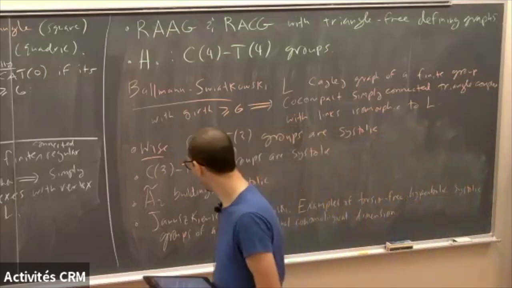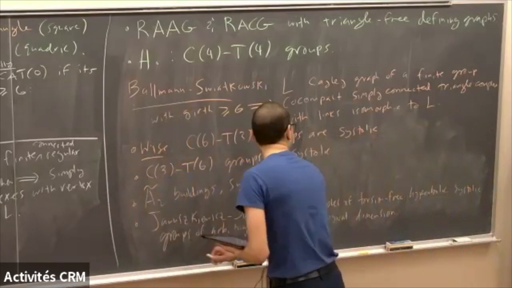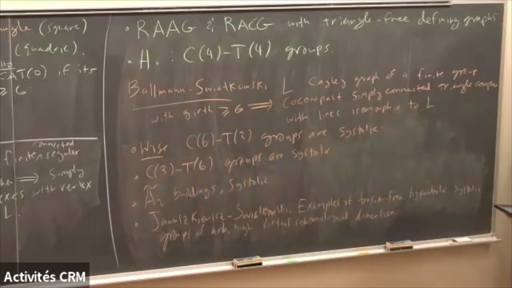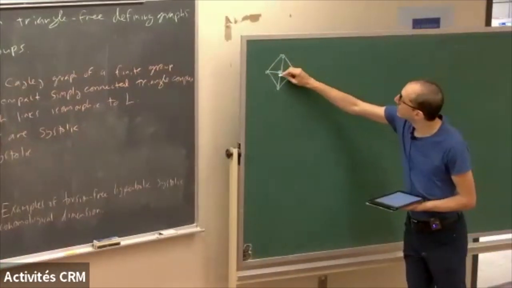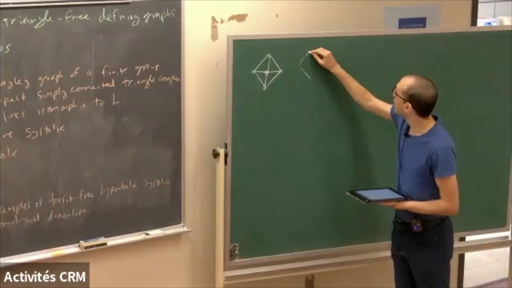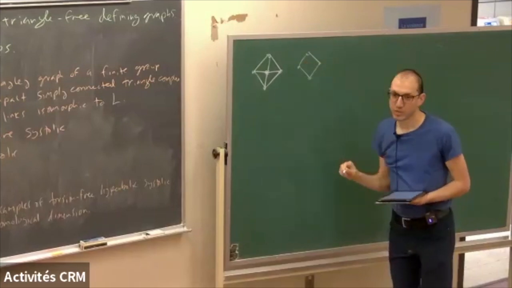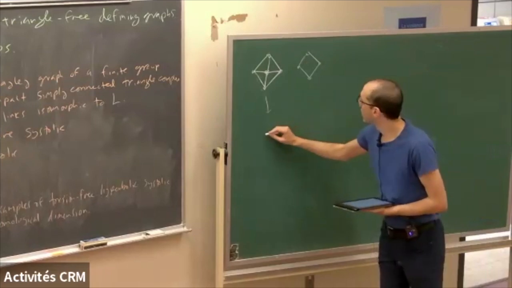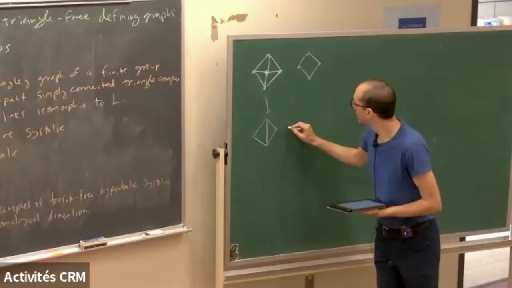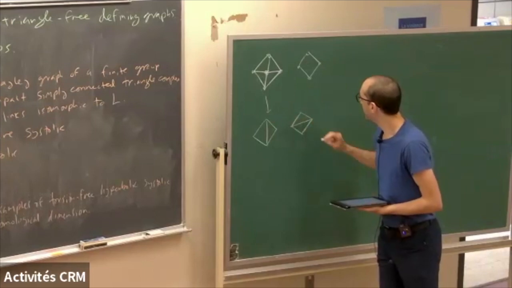Yes. If you think about those replacement rules, let's say you have something like that. Now, if you look in the link of this vertex, you have a square, which is a cycle, and the replacement rules tell you that you either have this or you have this.